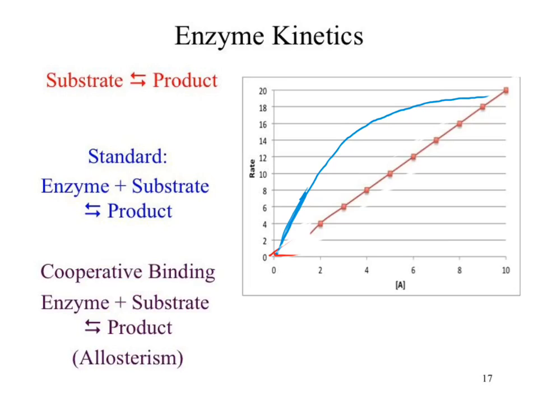Rhymes with myoglobin. Oh, hemoglobin. I couldn't come up with a better word. Oh, allosteric. When we bind one thing, it changes the reactivity and it binds quicker. What would happen on our curve in that case?